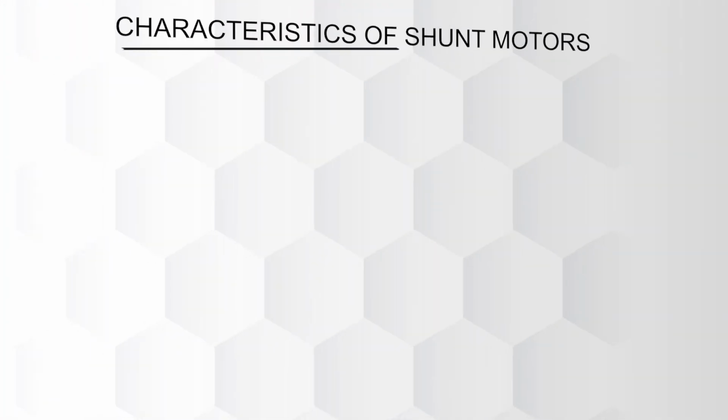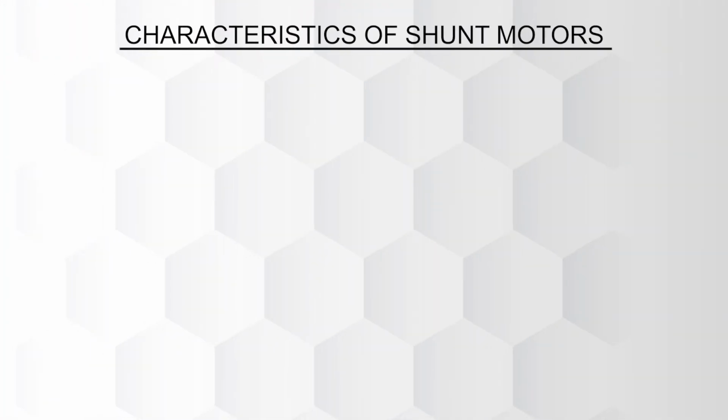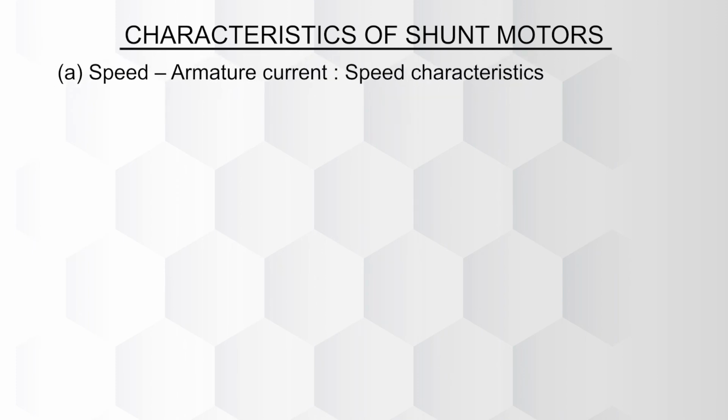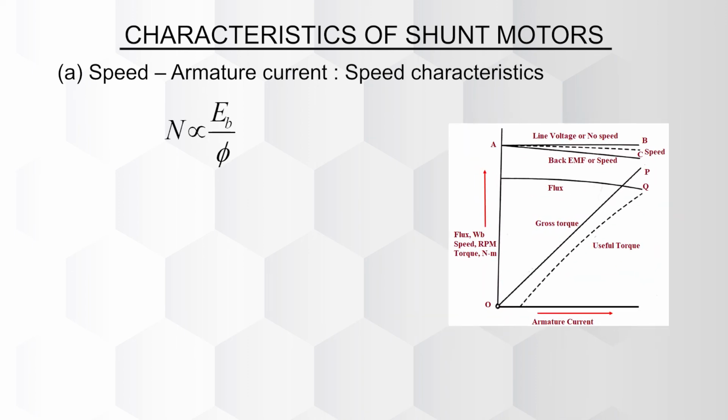Now we are going to discuss characteristics of the shunt motor. Under the shunt motor, again we are going to discuss the speed armature characteristic. Here you can see that speed of motor is directly proportional to Eb upon phi, where Eb is the back EMF and phi is the flux.